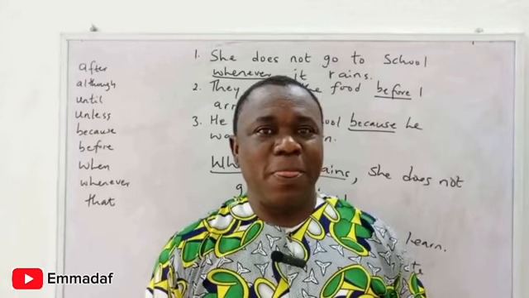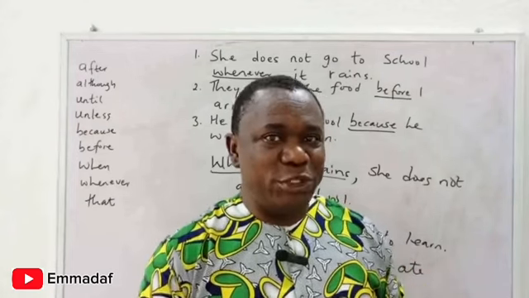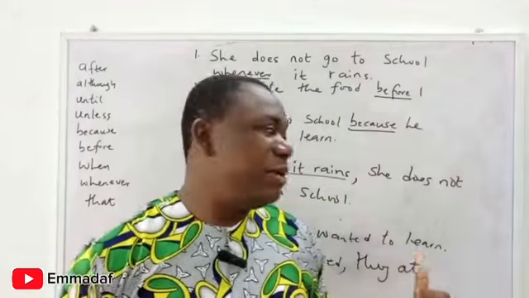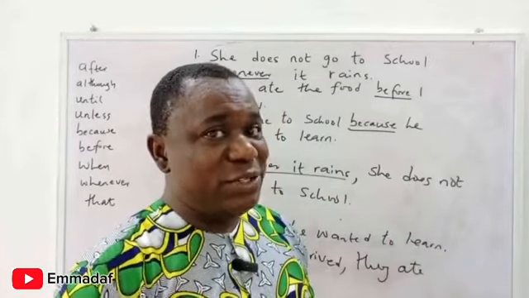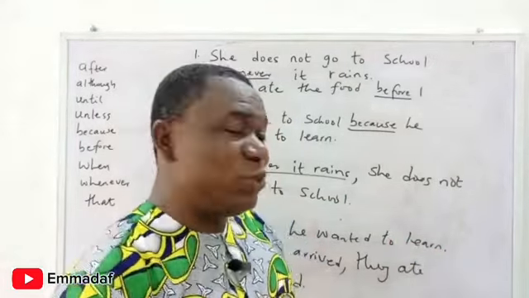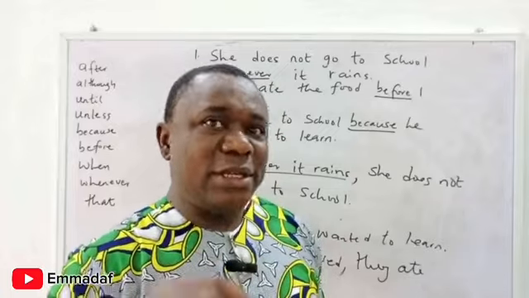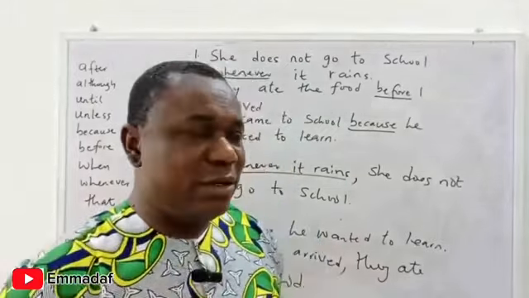So let's go back to punctuation marks. How do we describe this function of the comma? We say the comma is used to separate an adverbial dependent clause that precedes the main clause.